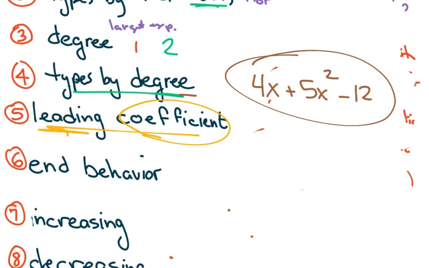Faith, what's the leading coefficient? 5 is correct. I thought you were going to say 4 and I was going to get you. It has to go with the degree. So it's the largest degree, which is 2. It's the leading coefficient if you put it in standard form, because standard form is from largest to smallest.